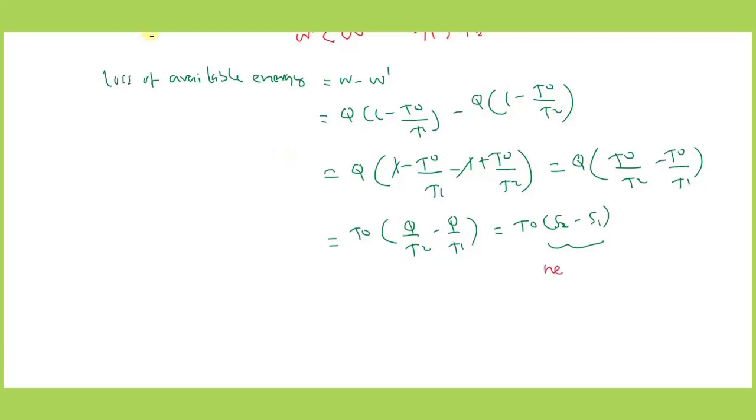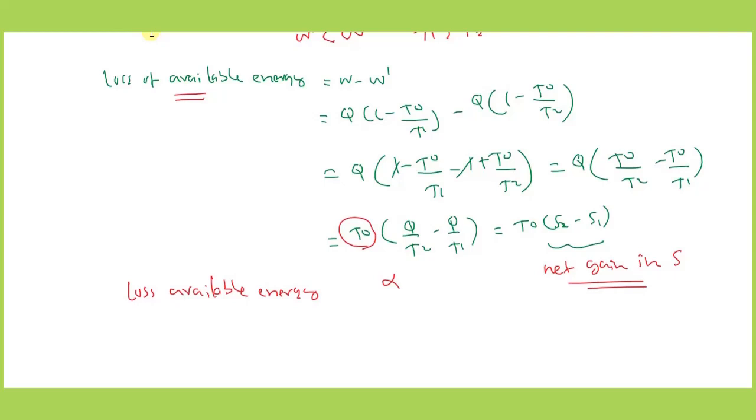Net gain in entropy. So the loss of available energy is proportional to net gain in entropy. T0 is the constant temperature of our sink. So the result I got is that the loss of available energy is proportional to net gain in entropy.